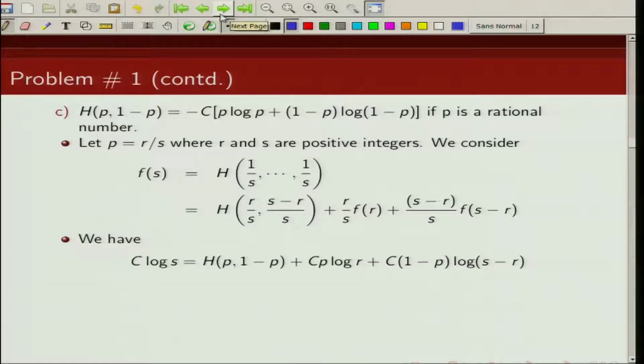Now r/s is P, and this is 1-P. We can write f(s) of the form c log s, f(r) of the form c log r. So what we get is this.